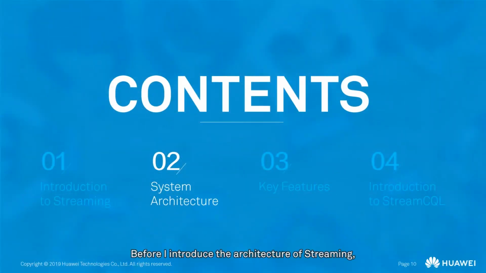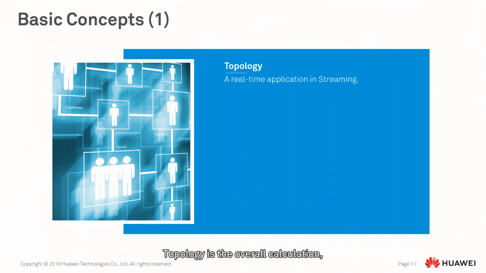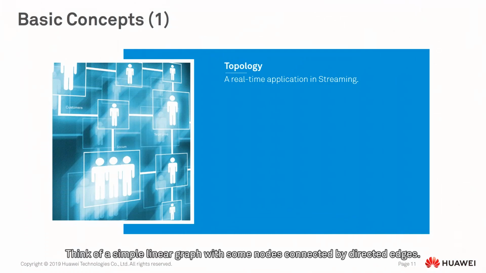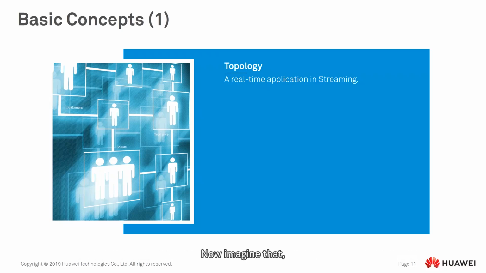Before I introduce the architecture of streaming, let me show some basic concepts. Topology is the overall calculation, represented visually as a network of spouts and bolts. Think of a simple linear graph with some nodes connected by directed edges.